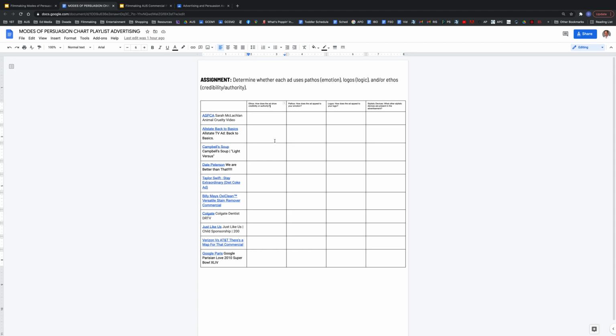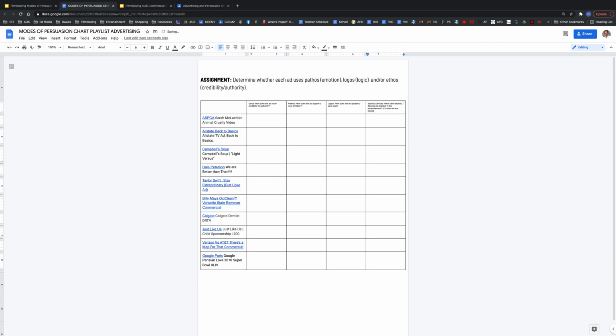I'm not sure if any of these have three. So it'll probably be one or two, possibly three. But you also want to fill in the stylistic devices here too. Like, what exactly is the filmmaker doing to sell the product? What is the idea? What is the technique? That's what I mean by stylistic devices. Actually, I'm going to write that in here because I think that's important. Okay.